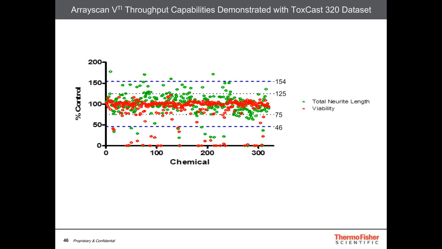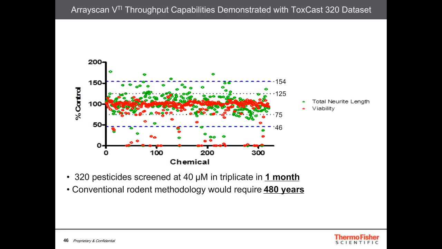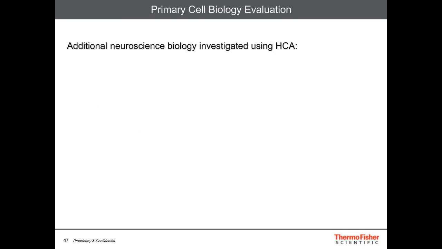And just to show that we can actually take this and scale it for a higher throughput, this was evaluating 320 different compounds. We evaluated them at a single dose response, and you can see that it was able to detect compounds that showed a significant decrease in both total neurite length as well as viability.